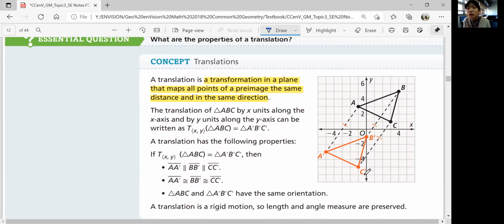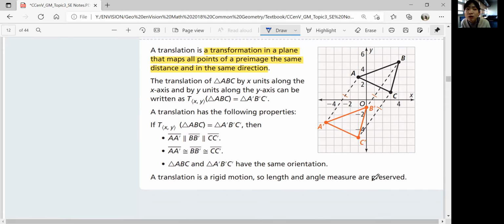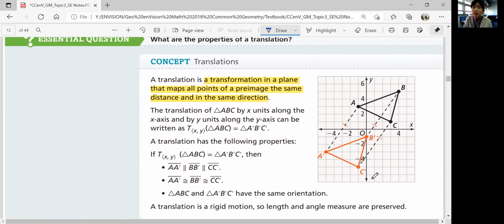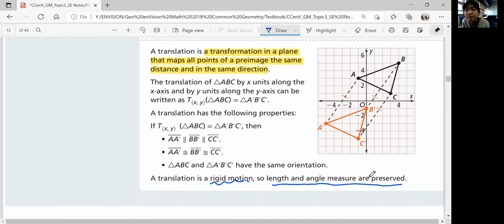Okay, all together, triangle ABC and triangle A prime, B prime, C prime have the same orientation. They're looking at the same direction. That is called the same orientation. And also, translation is a rigid motion because length and angle measure are preserved. That is the definition of a rigid motion.